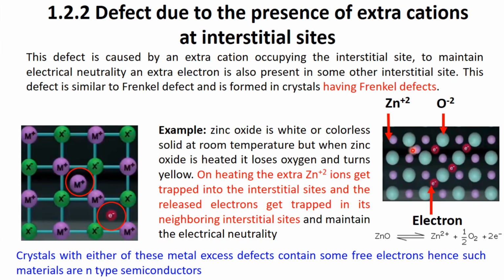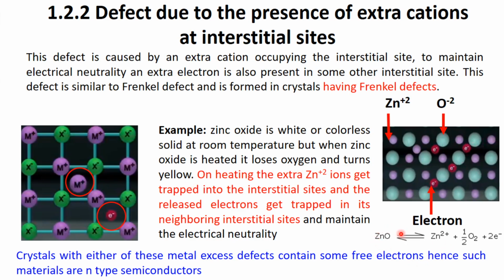One example relating to this defect is zinc oxide. Zinc oxide is a white or colorless solid at room temperature, but when zinc oxide is heated, it loses oxygen and turns yellow.